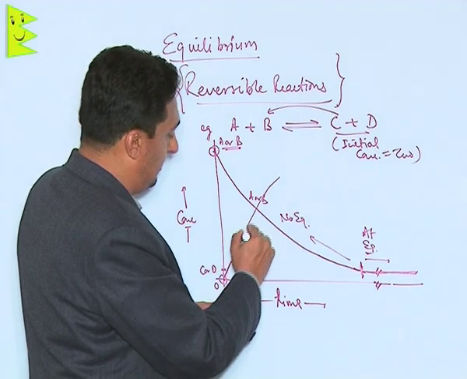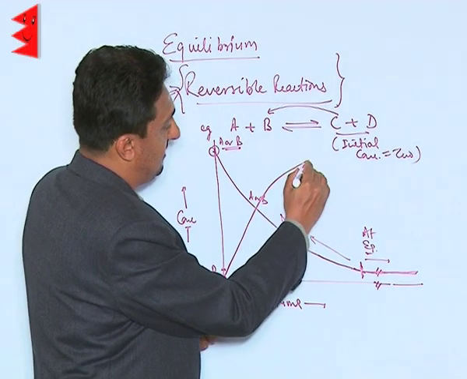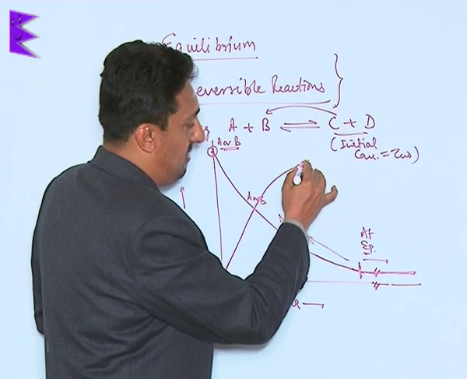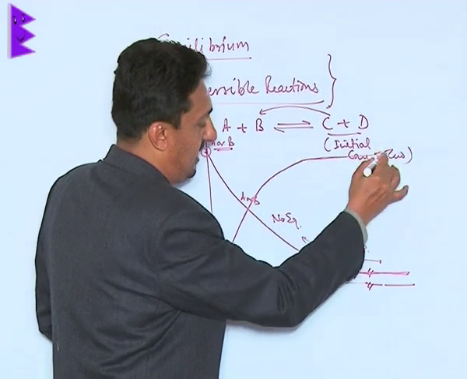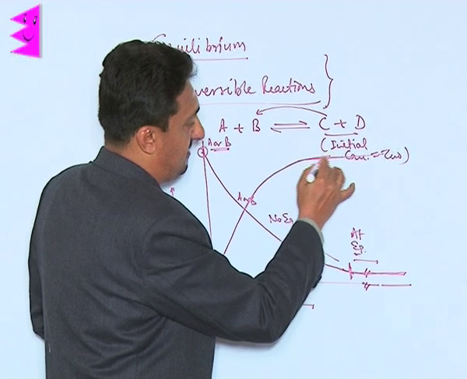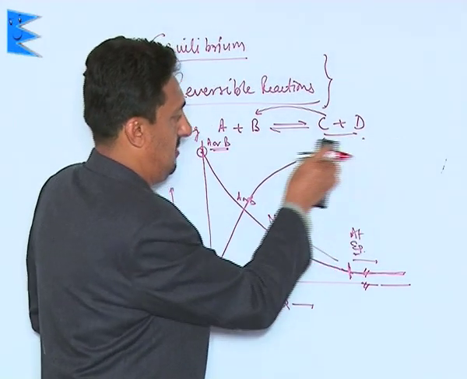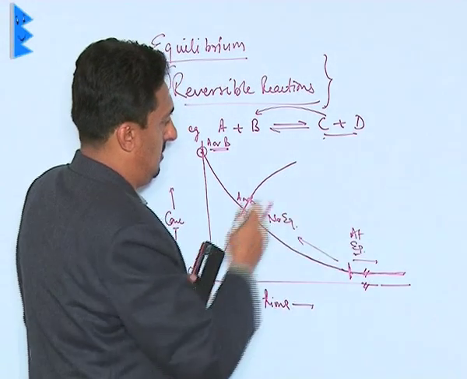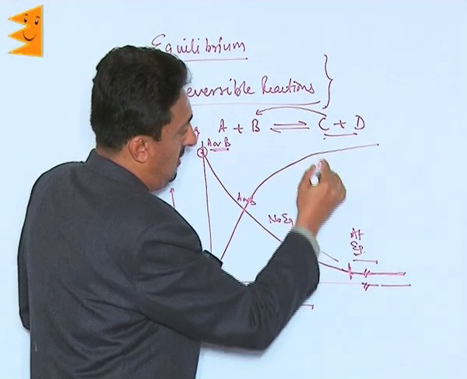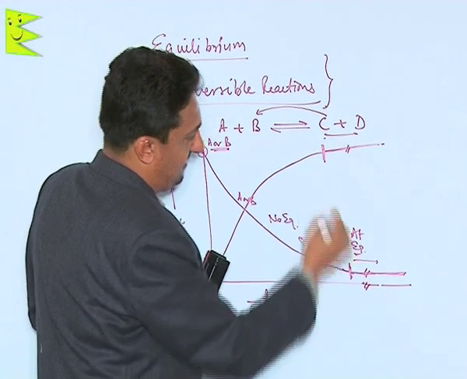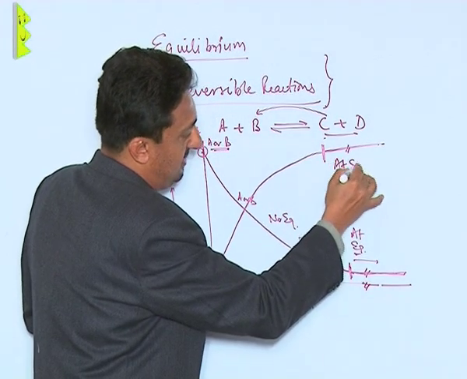It keeps on increasing. Till it remains curved, it's fine. The moment it becomes parallel to the x-axis, which we see happening here, after this it is almost parallel to the x-axis and the system is at equilibrium.